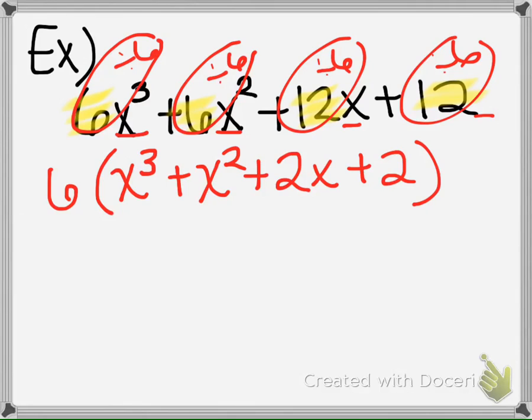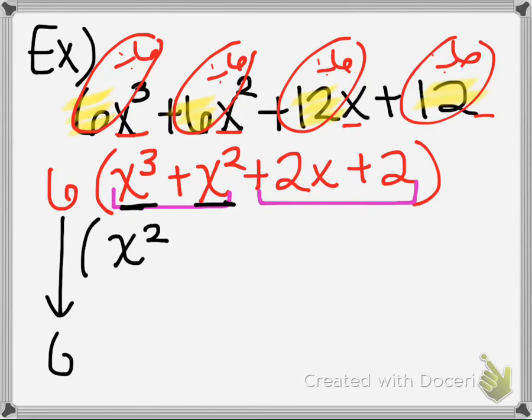Okay, now to factor by grouping, we're going to pair 2 together. So I'm going to pair those 2 and those 2 together and see if it works. So if I pair these 2 together, they have an x squared in common. Now this 6 just will stay and be part of our final answer here. So it's in our answer, so I'm going to bring it down so I remember this 6 isn't going anywhere.